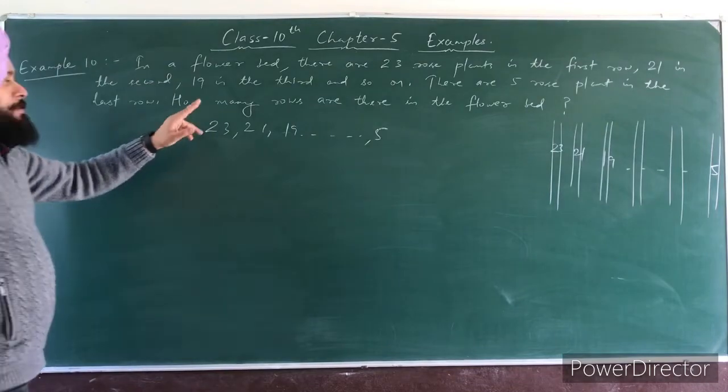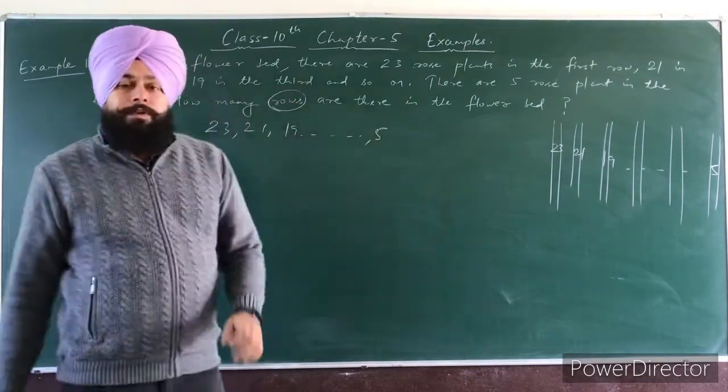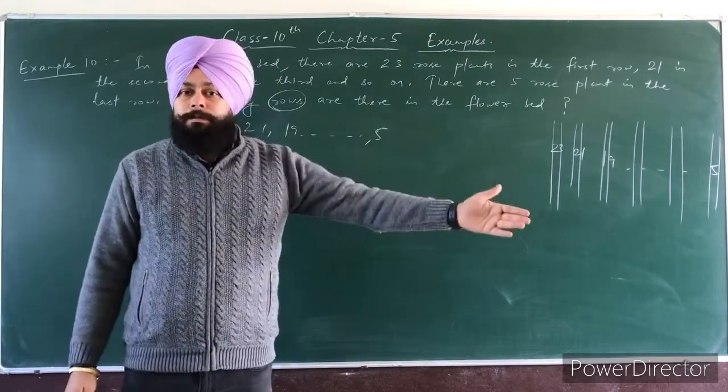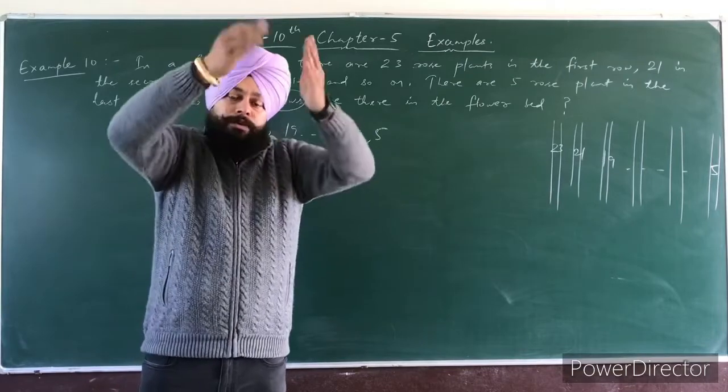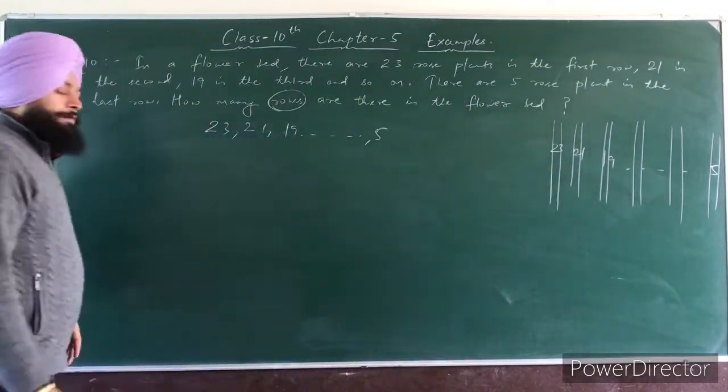So how many rows are there in the flower bed? It means you will find here n. मतलब इन्होंने पूछा है कि वहाँ पर कितनी रोज होंगी उस फ्लावर बेड में. रोज मतलब कितने कॉलम्स होंगे, कितने, ठीक है, क्यारियां होंगी. Alright, so you will find here what n.